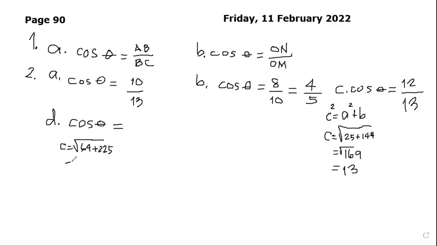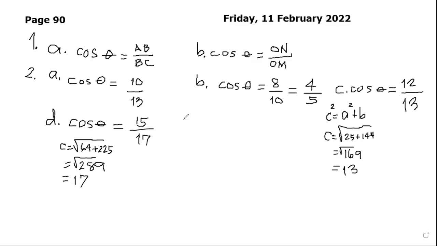So c equals the square root of 289, which equals 17. So you now have this hypotenuse 17. Now, cosine of theta equals adjacent side, which is 15, over the hypotenuse 17. So that is letter D.